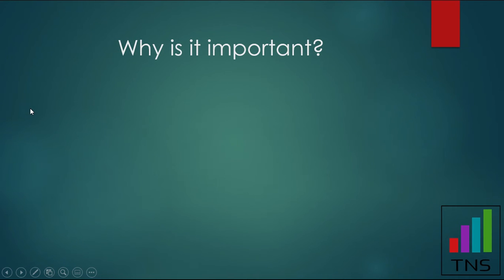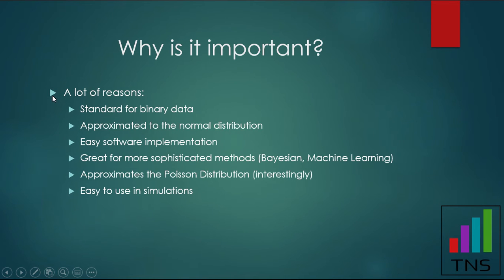And so why is the binomial distribution important? Well, here is the full list of reasons why it's important. It's essentially a standard for binary data. Anytime you have a classification problem where you have two possible outcomes, it's the standard that's used, at least as a reference to any other type of analysis or modeling.